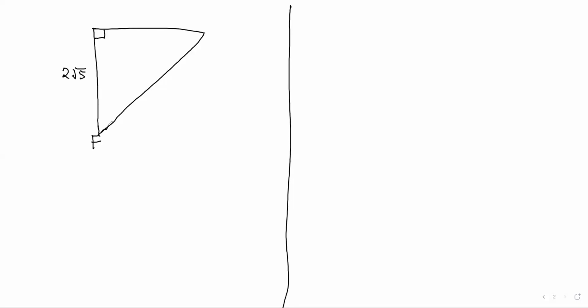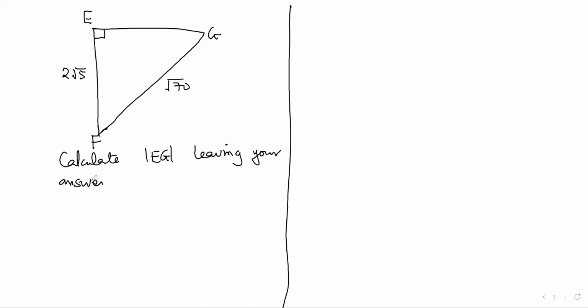Let's say F, G, E. And right here is root 70. Then now you calculate EG, leaving your answer in surd form.